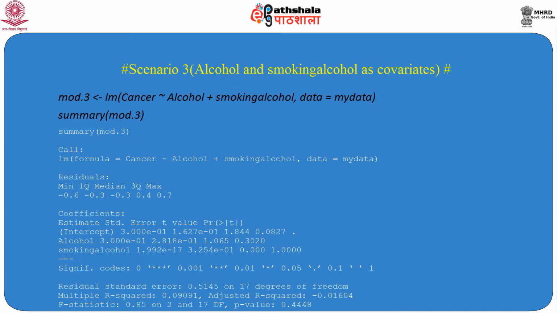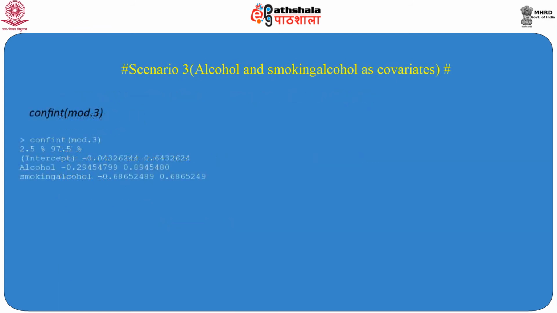In a real life scenario, if alcohol has a significant p value and smoking also has significance, then these additional covariates, that is smoking with alcohol, can be considered to check their influence as a confounding factor.